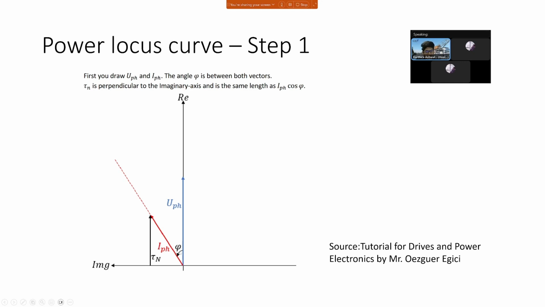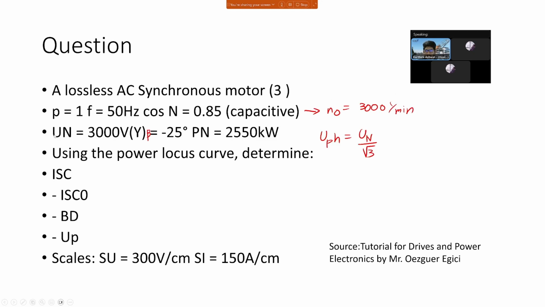The phi we can get by cos inverse: phi equals cos inverse of 0.85, because they said the power factor is 0.85, which is cos phi. And the vertical component, or vertical equivalent of torque, is the nominal torque, because this phase current is at nominal operation. UN is mentioned, PN is mentioned.